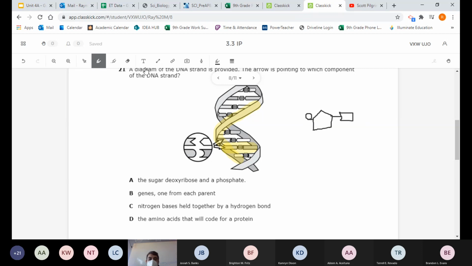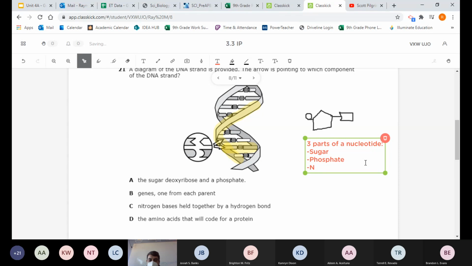So if that's our nucleotide, let's make it a little bit smaller, a little bit longer. That's going to be your sugar, phosphate, and finally your nitrogenous base.